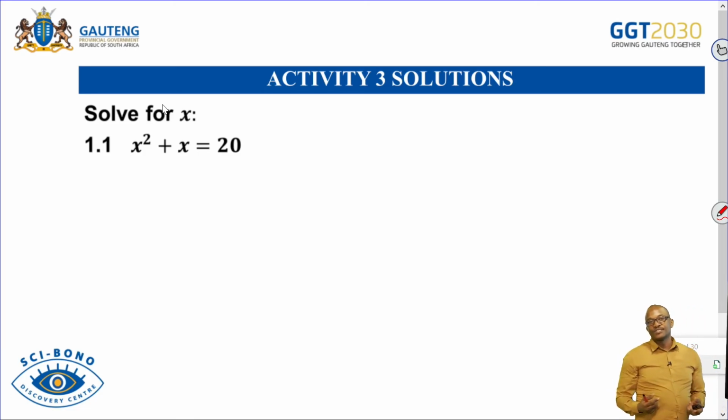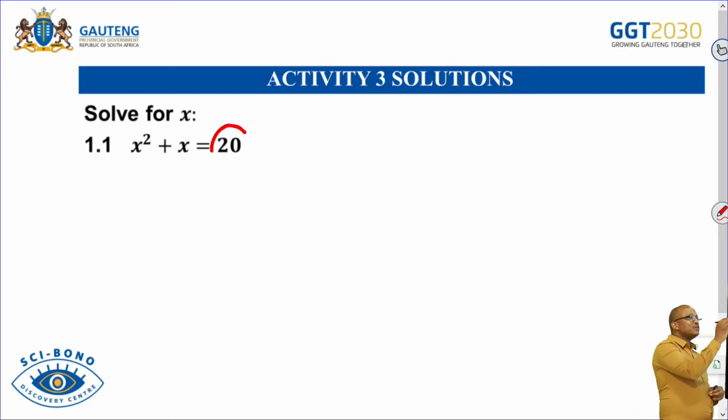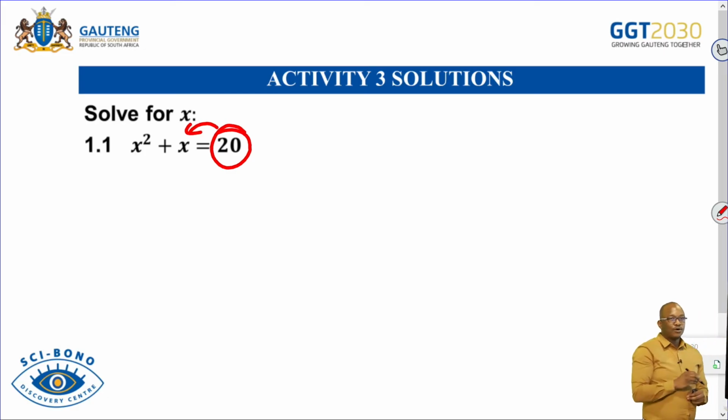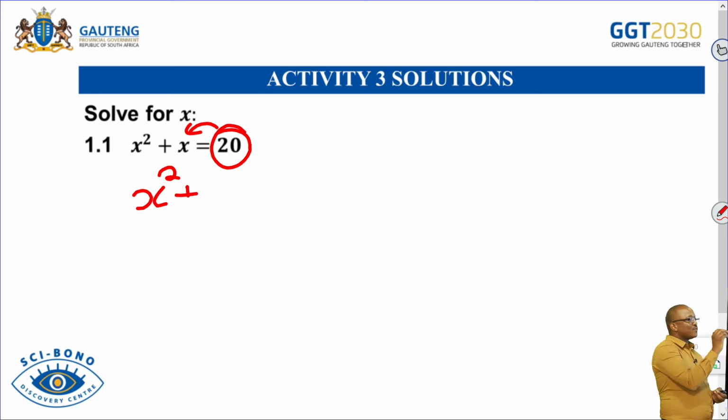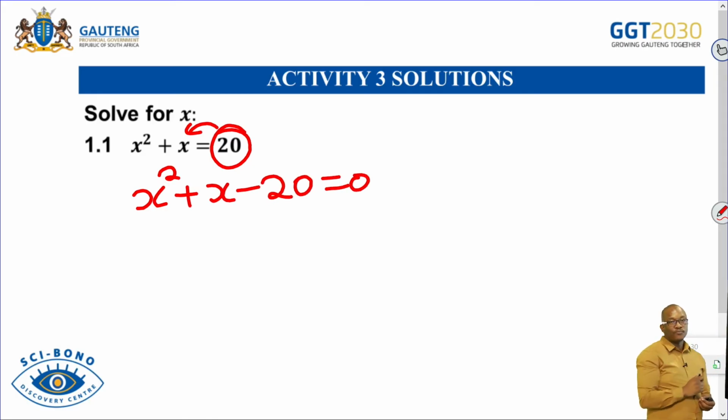Remember, the first step is that the equation must be written in standard form. But you can see that our equation is not in standard form. The first thing that we will do is to convert our equation into the standard form. x squared plus x minus 20 is equal to 0.